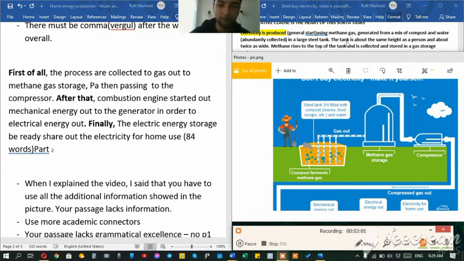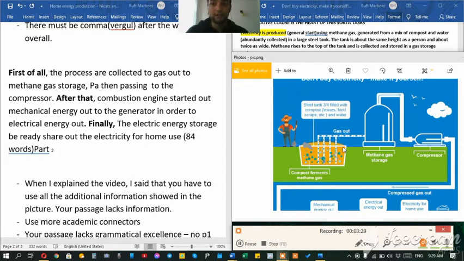If your relative clause is in passive form, do not use relative clause, but use P2. Generated from a mix of compass and water in a large still tank. I could say it's a large one, or just a still tank. It doesn't mean you should say large still tank, but I beautify my sentence using that. First stage is done. Let's go to the next stage.